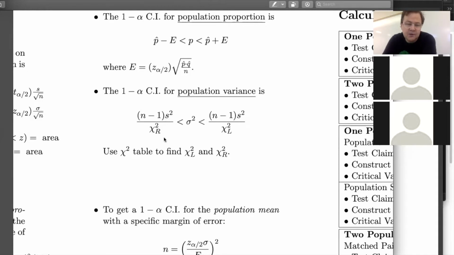The only thing that's not given, the part that you have to figure out, is what is chi-square R and chi-square L. Once you have all those numbers, you can do the math, and then you'll have a confidence interval. So if you saw this in a test, this is where you would look, and you would just be looking, trying to figure out what numbers go where. Okay?